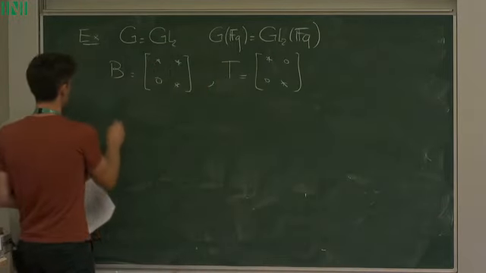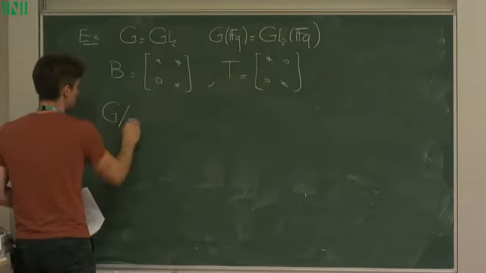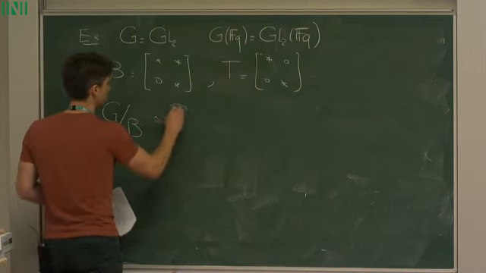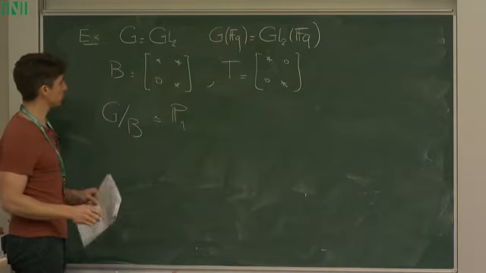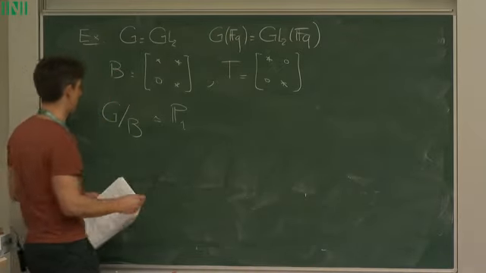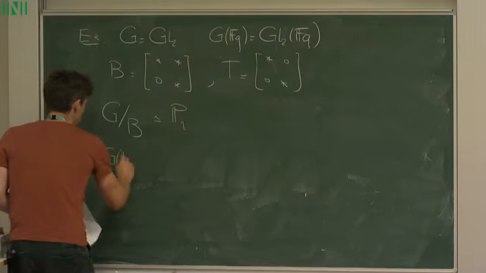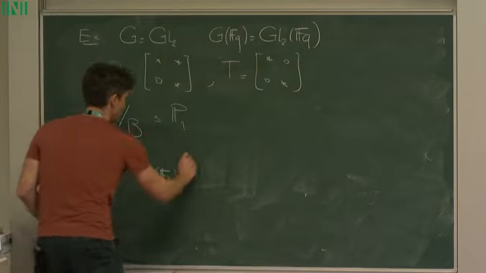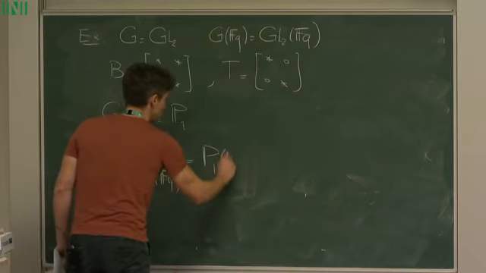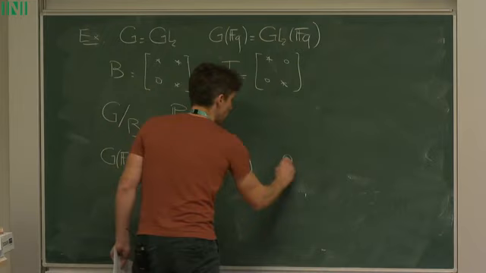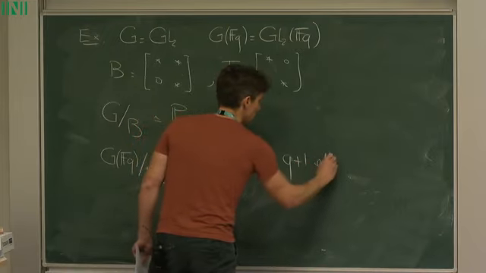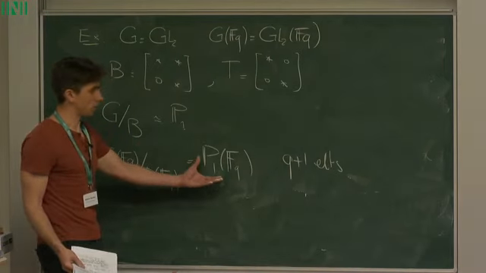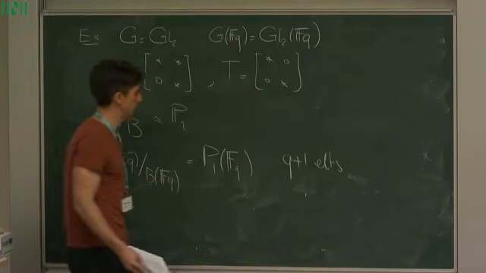If you look at G/B as a topological space or as a variety, that's just P^1, the projective line. So if I'm looking at things over F_q, I'm just considering the F_q points of P^1. So you have q+1 elements, and I have a permutation module over a set of q+1 elements. So the dimension is q+1.